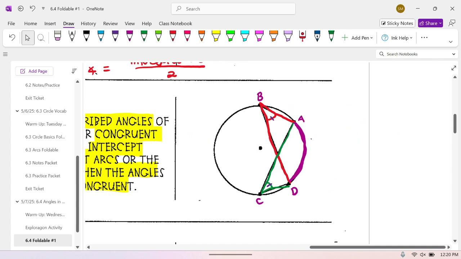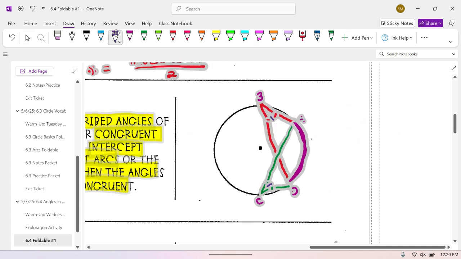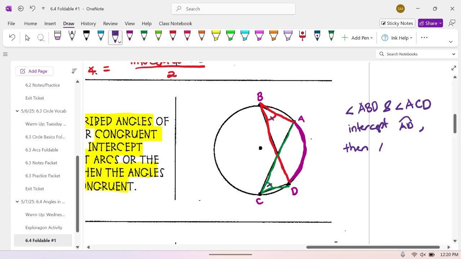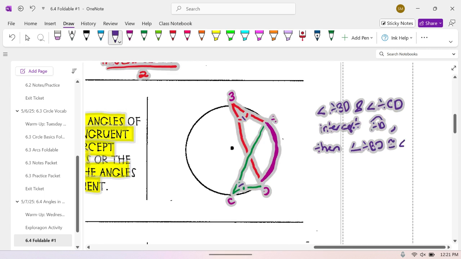So since angle ABD and angle ACD intercept arc AD, then that means that angle ABD is congruent to angle ACD.